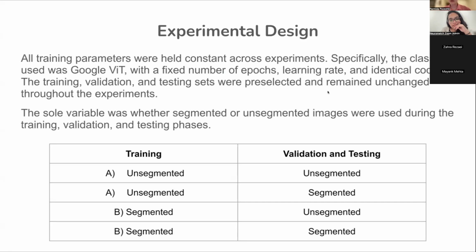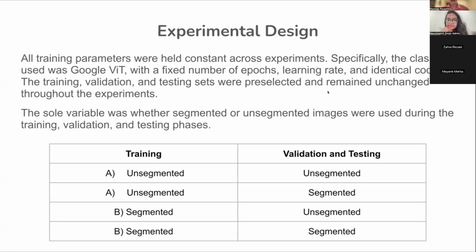But the main objective was to compare the classification accuracy when both training and testing are done on unsegmented original images, and when the training is done on segmented images and then the validation and testing is done on unsegmented original images.